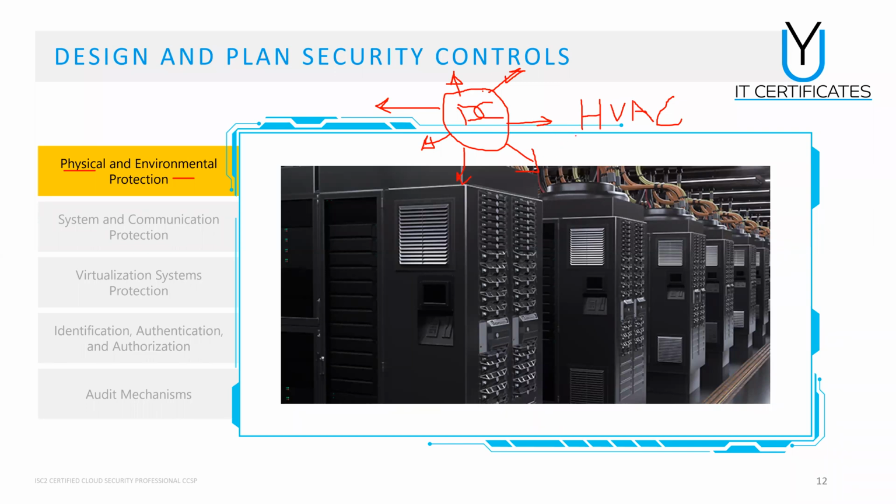You know that the AC is very important for security, electronic devices. Humidity control also is very important because if the humidity is very high, it can create electrical shocks, and if it's low, it can create static, and both of them are dangerous for electronic devices.